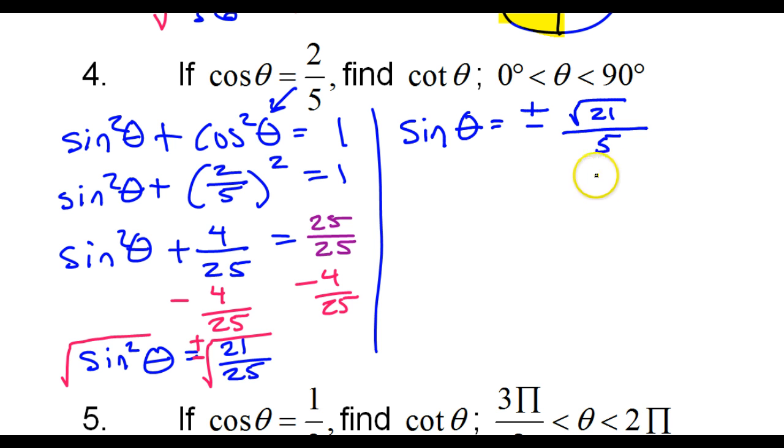Now, we want cotangent. Well, we know that tangent is sine over cosine. So cotangent is going to be cosine over sine. But real quick, let's nail down the sign of the sine value here.